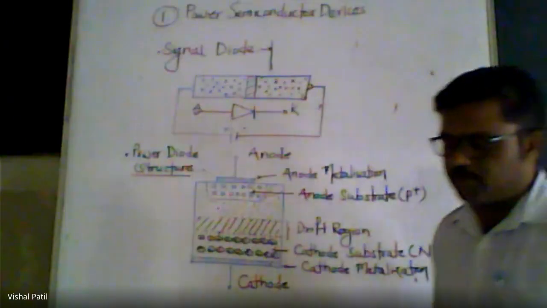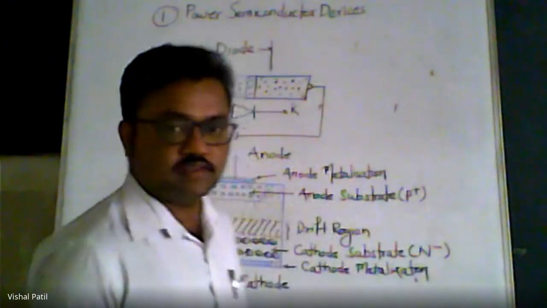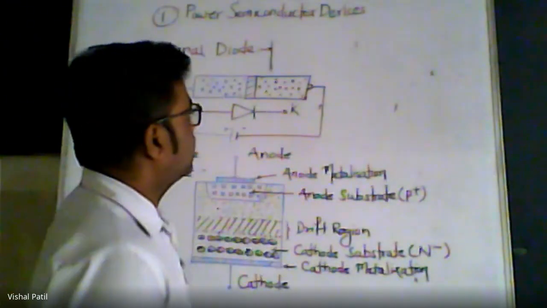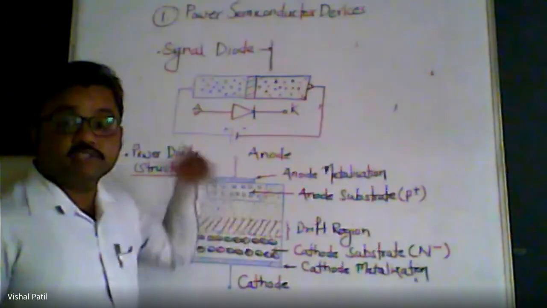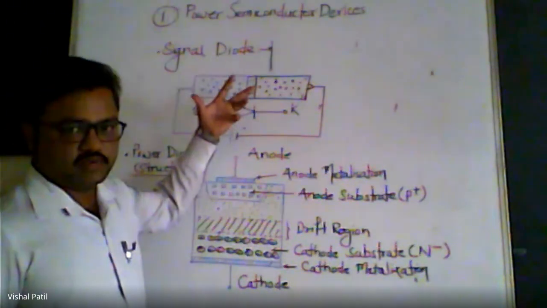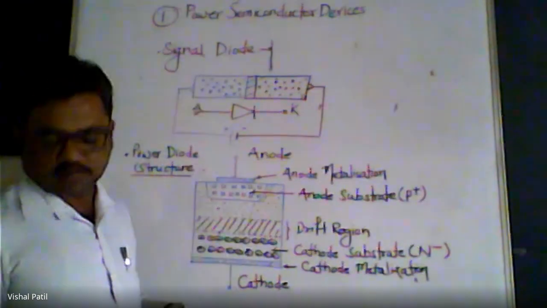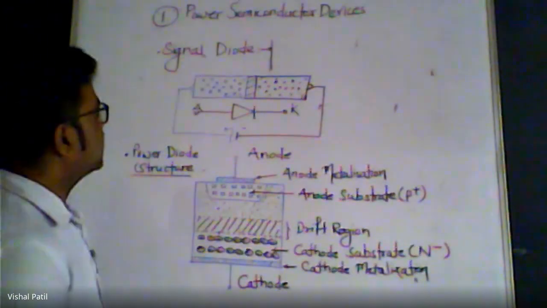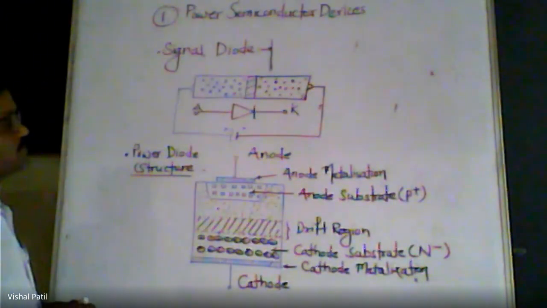So we have compared the power diode and the signal diode yesterday. That is how, and in which sense, the signal diode or ordinary diode and the power diode differ from each other. Signal diode, in another word, is also called a p-n junction diode.